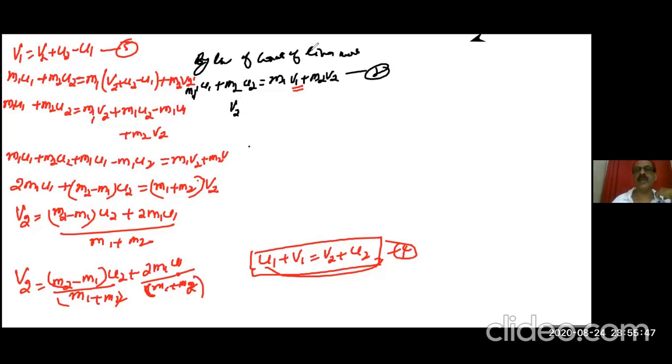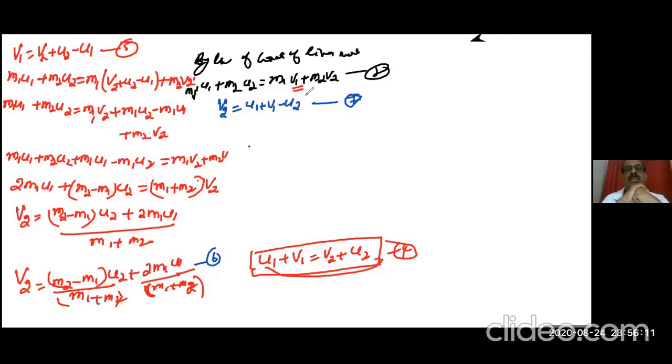V2 is equal to U1 plus V1 minus U2, isn't it? This equation number, this is 6. This is 7, right?